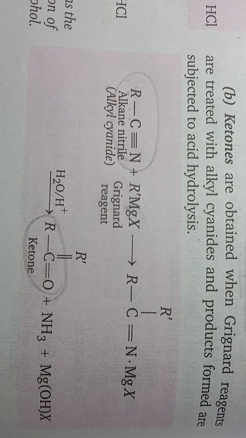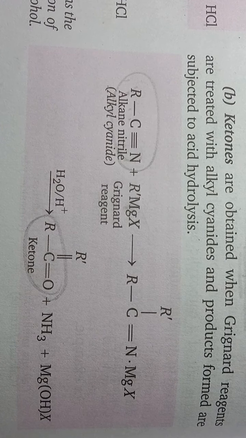Okay, now example of this reaction. Suppose you want to prepare a propanone by this reaction. So you will break this propanone in two parts. The one part which is having CO relation with alkyl group, and the other part which is having just alkyl chain or alkyl group.